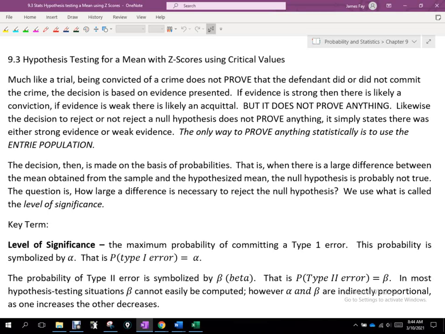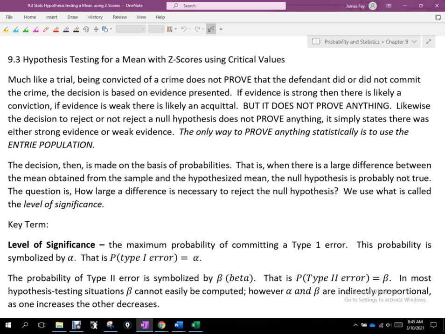We could come up with something where we think we are 100% certain that we should reject this null hypothesis based on our premises, our preconceived ideas, okay? But if we take a sample, and that sample, which is essentially our evidence, leads us to reject or not reject, which may be contrary to what we wanted or what we thought should happen, it is what it is. We can't do anything about that. Does that make sense? Okay.